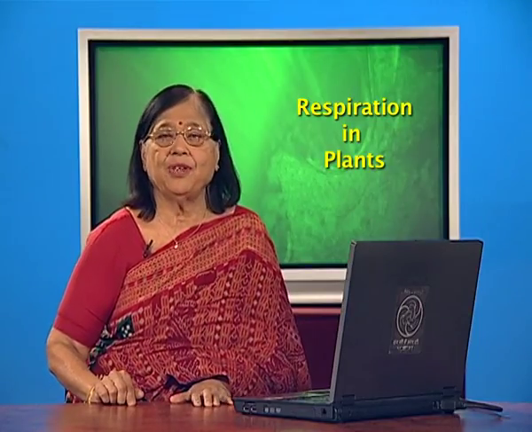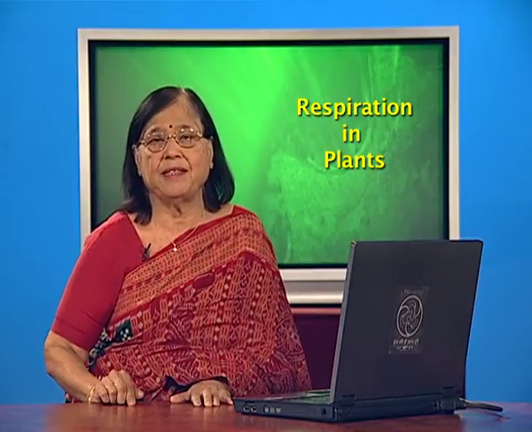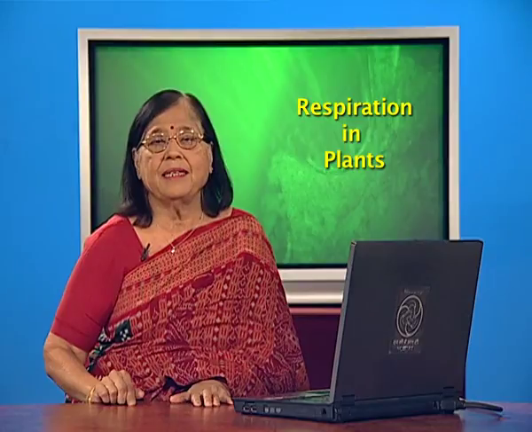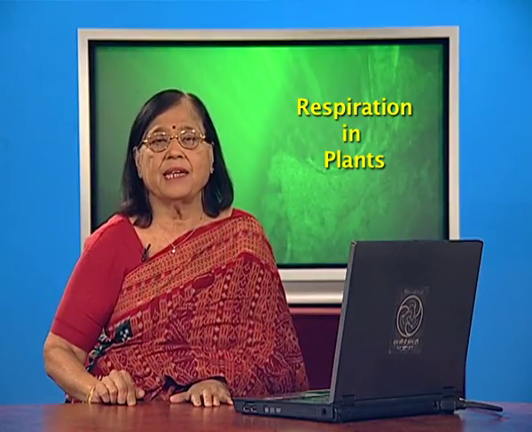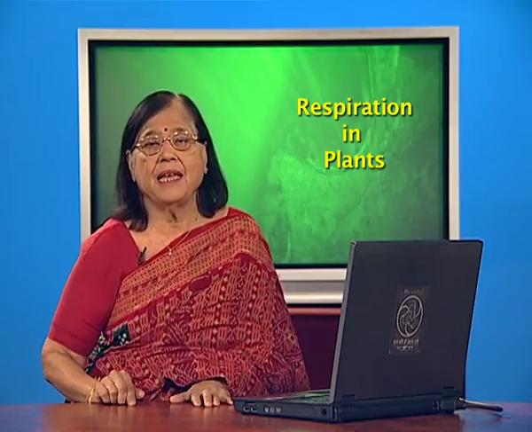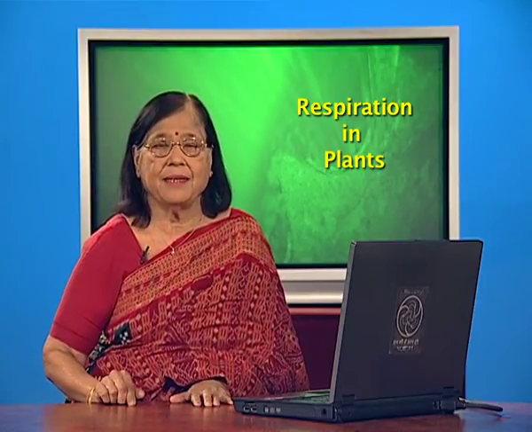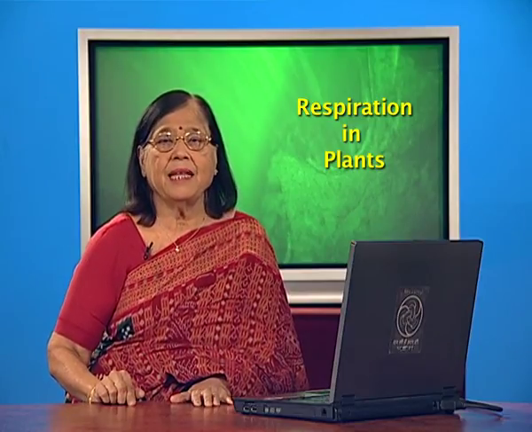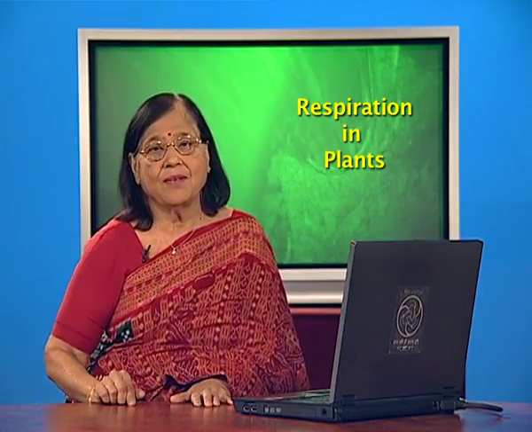I am sure, children, you have understood and appreciated this fact that in case of plants, each living cell is directly in contact with the air or atmosphere, hence taking in oxygen becomes easier. So, that is one advantage which a plant has.